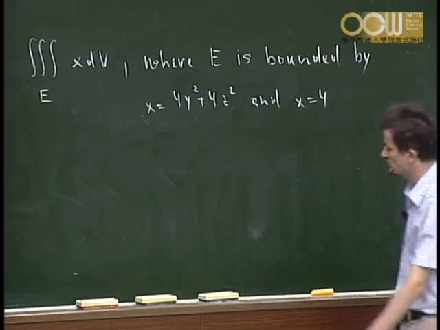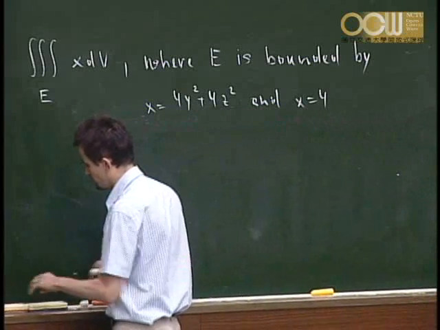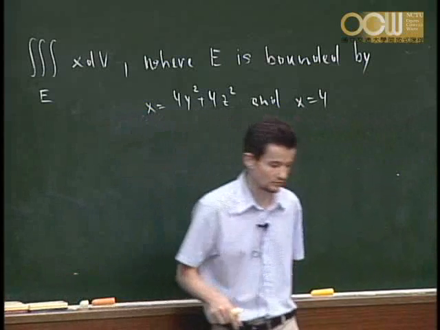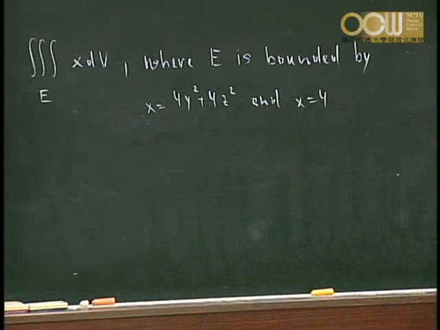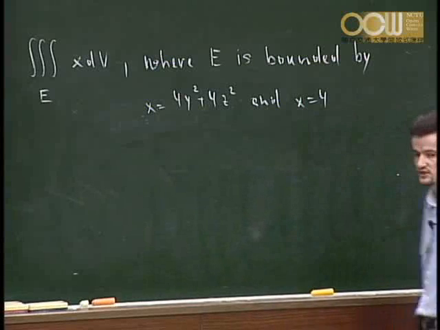The computation is then quite straightforward, but of course we have to pay a little bit of attention figuring out a way to set up the integral such that the resulting computation gets easy.